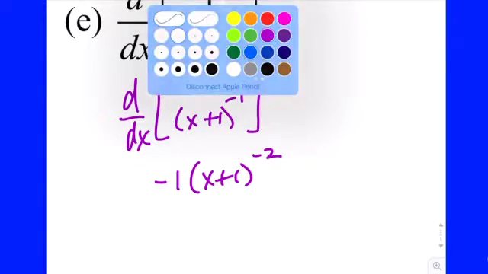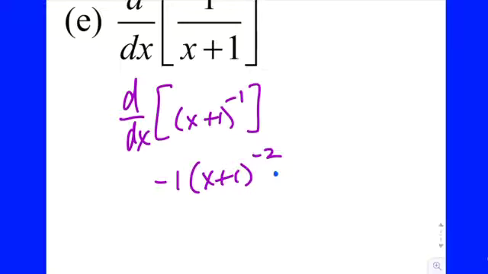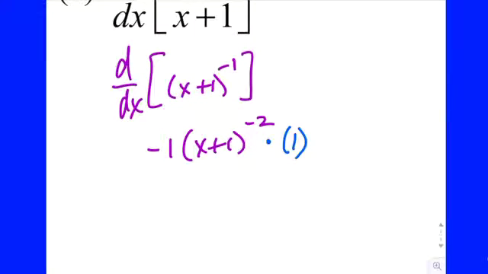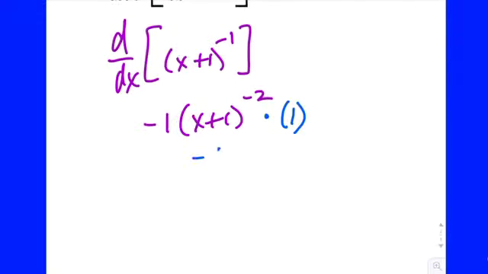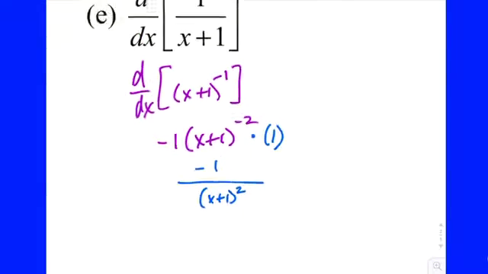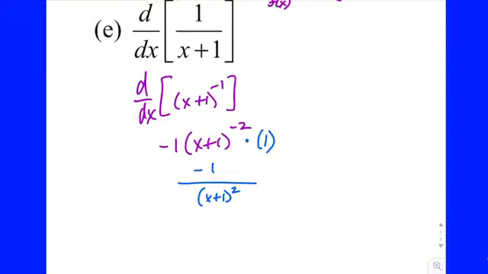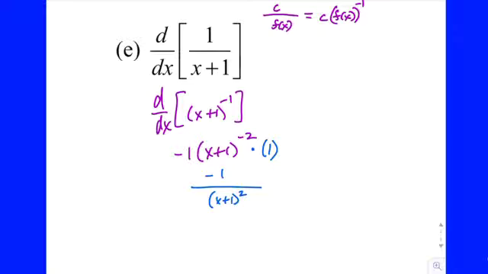And then times the chain rule, the derivative of x plus 1, which is what? It's just 1. So if you needed to take another derivative, second derivative, notice it's ready to go again. If not, you can clean it up just as easily. It's negative 1 over x plus 1 squared. And you can verify you get the same answer as using the quotient rule.